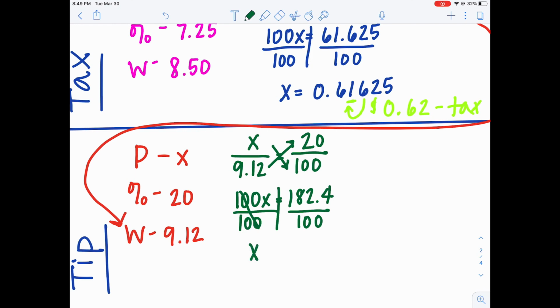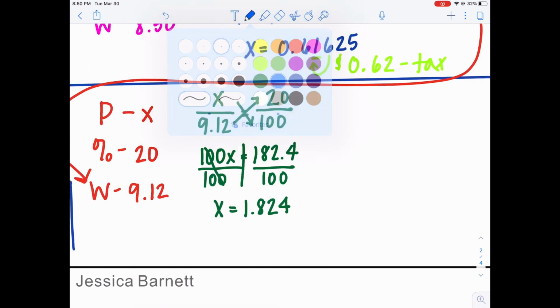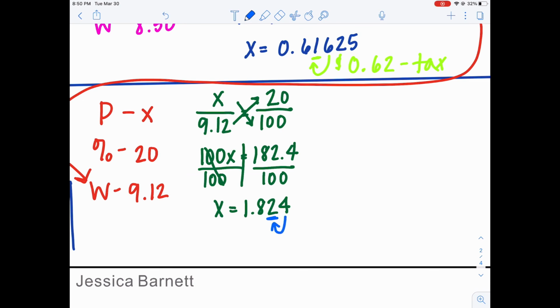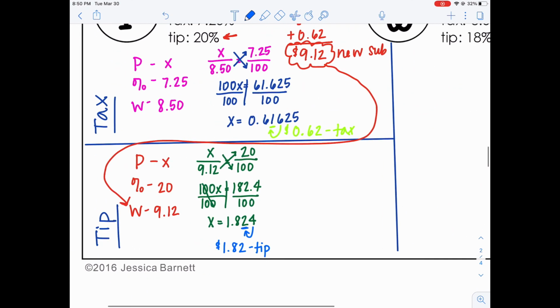And when I do that, I get x equals 1.824. Now remember money, so 2 decimal places. The 2 is in the second decimal place, so the 4 tells the 2 to stay the same. So this is $1.82 in the tip.